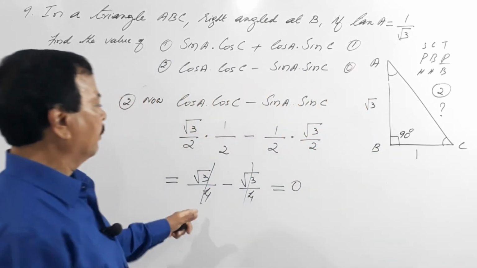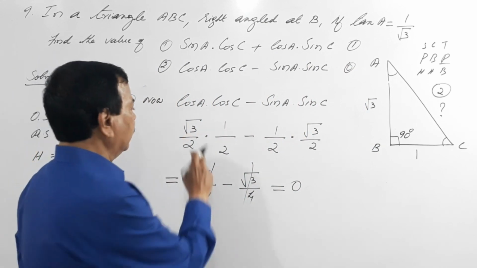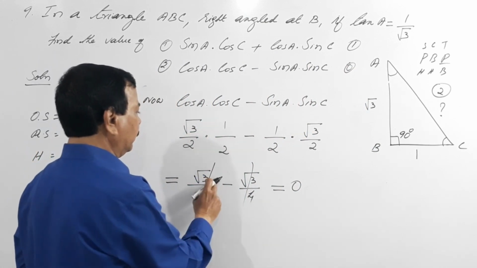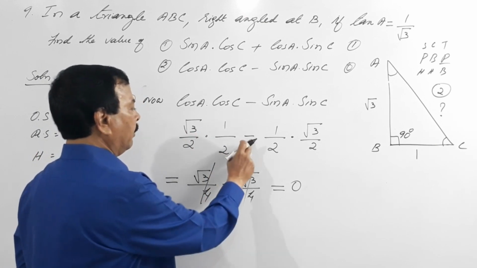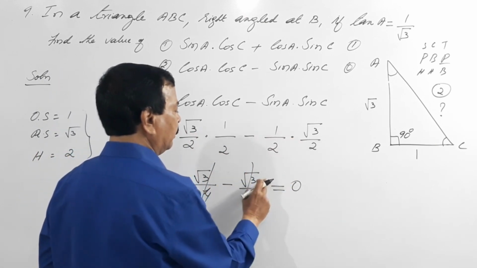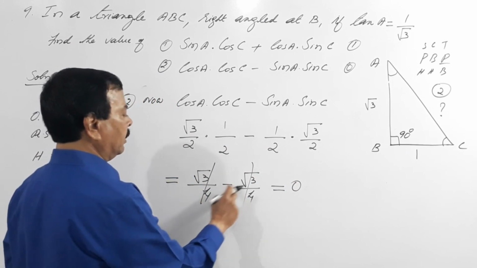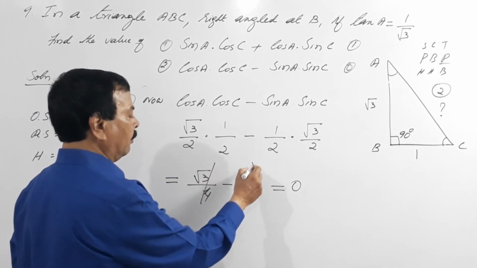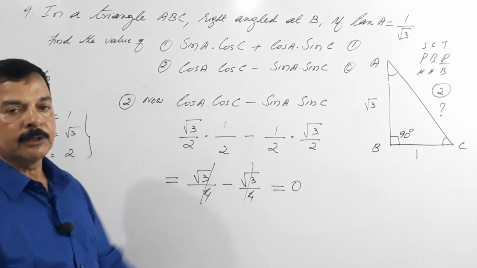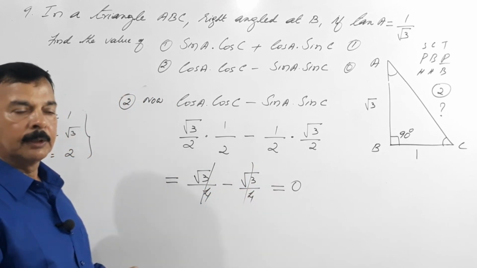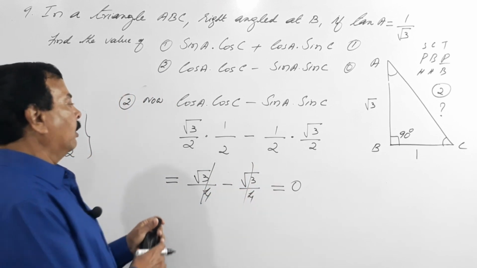Okay, make it understood. See how I did. Root 3 into 1 is root 3, 2 into 2 is 4, minus, 1 into root 3 is root 3, 2 into 2 is 4. So this is root 3 by 4 minus root 3 by 4, it cancels, you are left with 0. Very simple problem. So we got the answer.